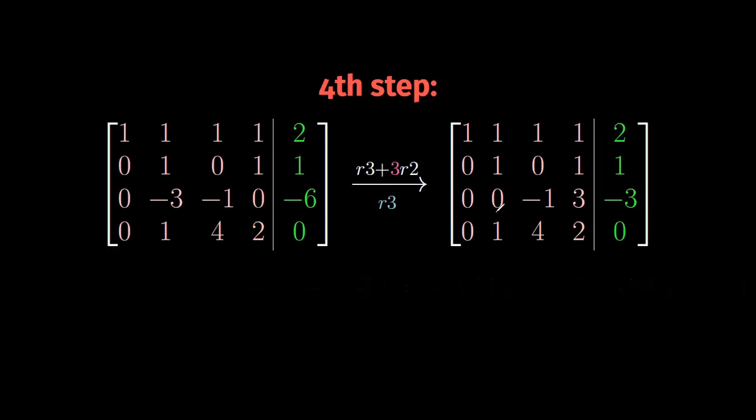In the next step, we will eliminate the number 1 in order to obtain a matrix where instead of 1, we will have the number 0. Let's go.